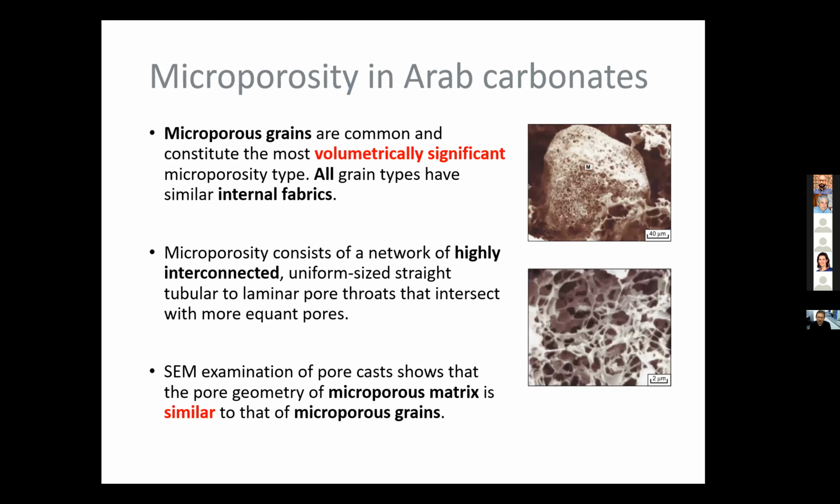In this work, we have considered, as a good starting point, some Arab carbonates. Arab carbonates have some interesting characteristics. For example, Cantrell has observed that microporous grains are common and constitute the most volumetrically significant microporosity type. Independent of the microporosity forming process, he has observed that all the grain types have similar internal microstructure.